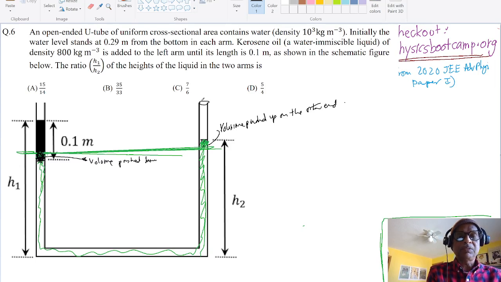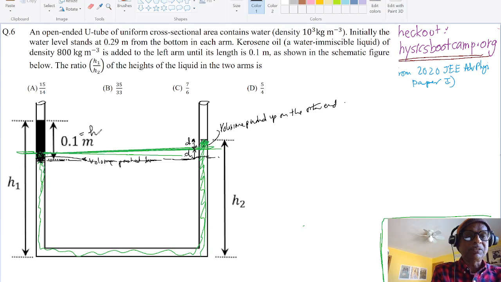And this cross section is the same as this cross section. That will mean these two heights must be equal. Let's call them D and D, and let's call this H. So H is the oil that you have poured down on one side.